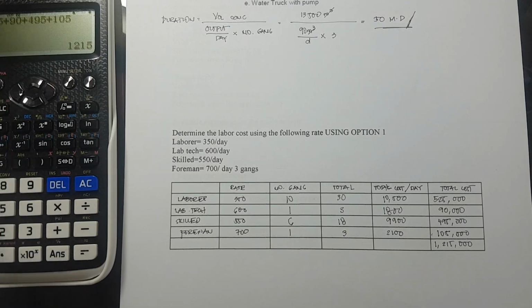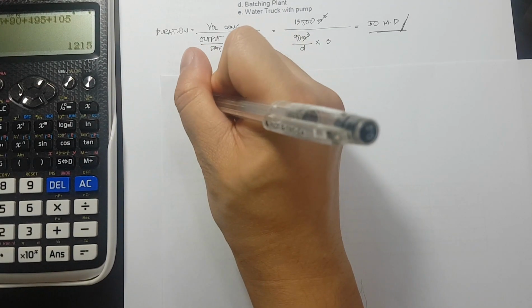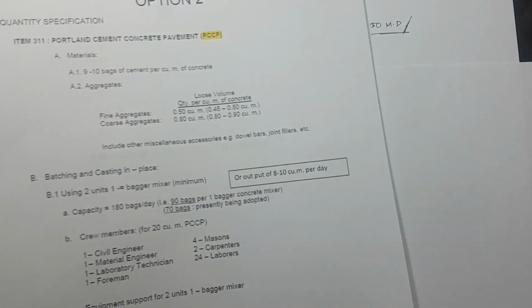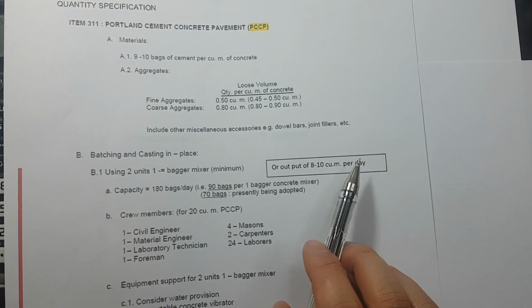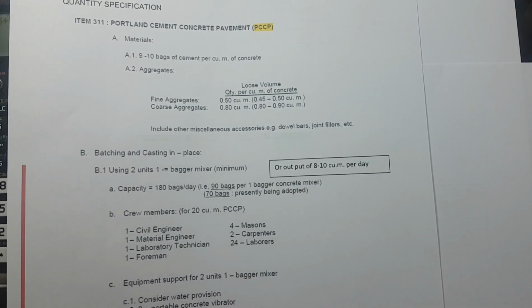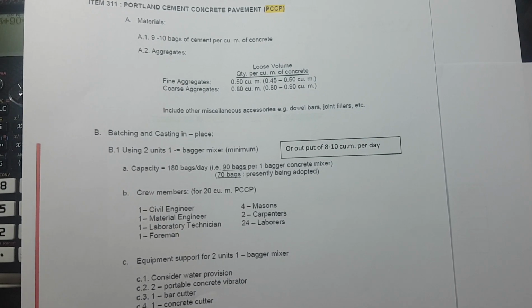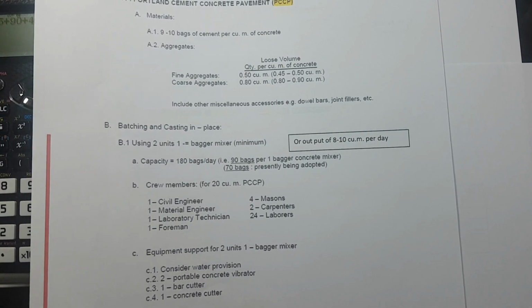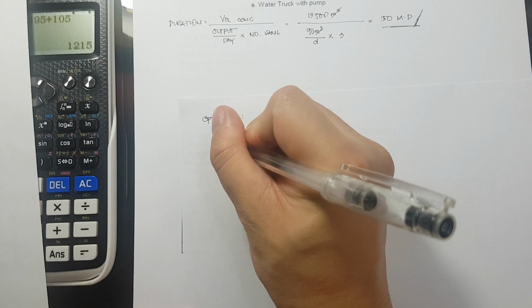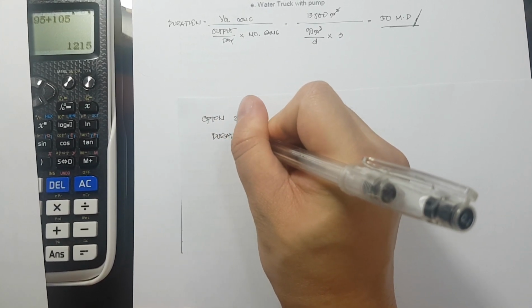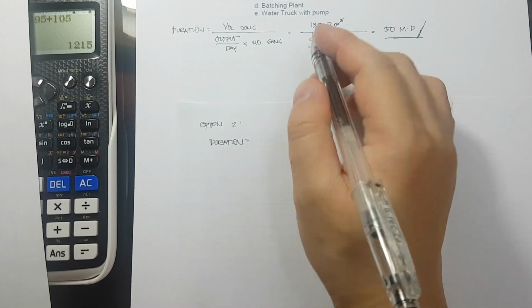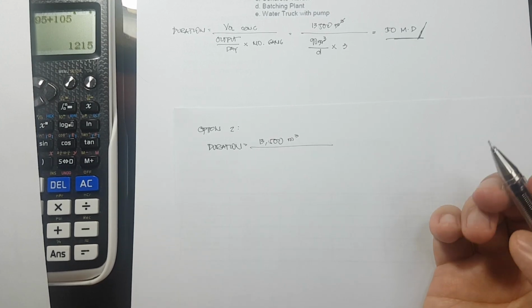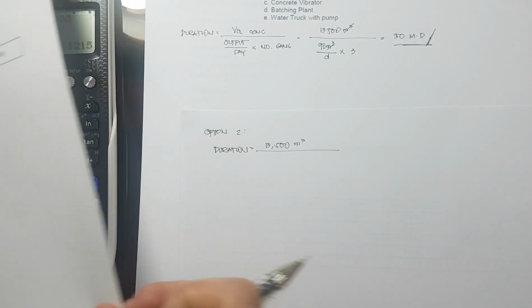Now, if we are going to try option 2, here we have an output of 8 to 10 cubic meters per day, and we will still use three gangs to solve. Okay? Now, for the duration, we have the volume of 13,500 cubic meters divided by the output per gang.